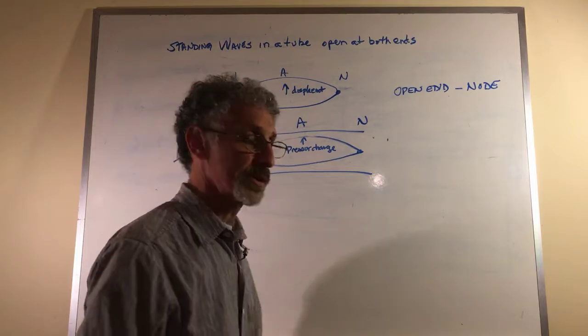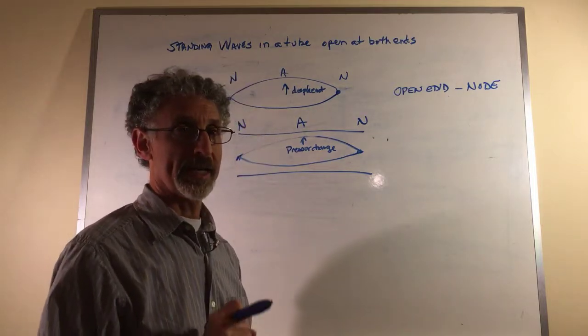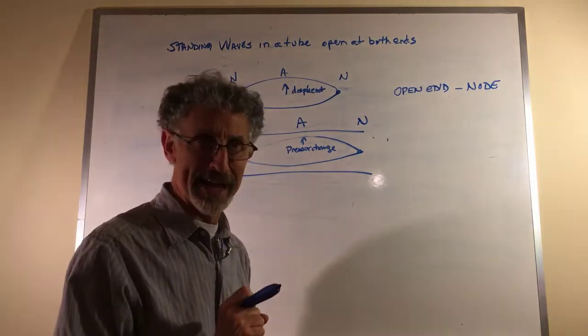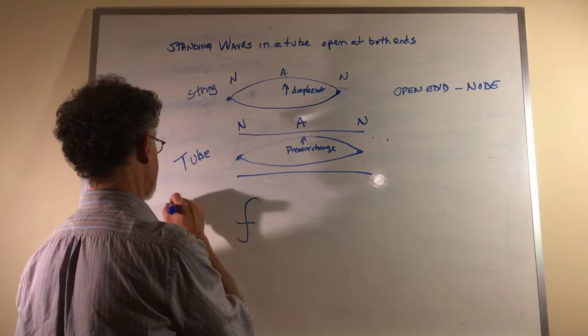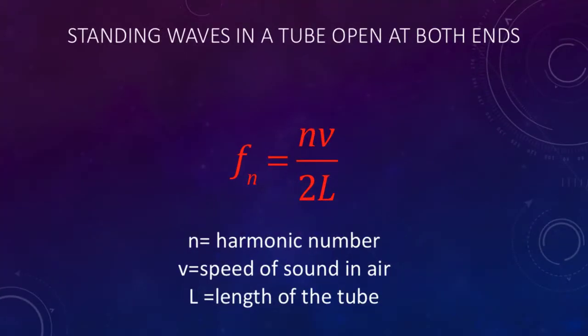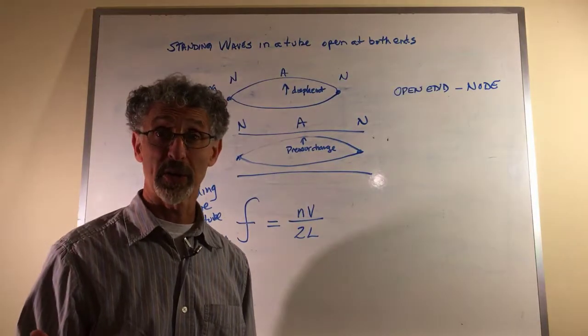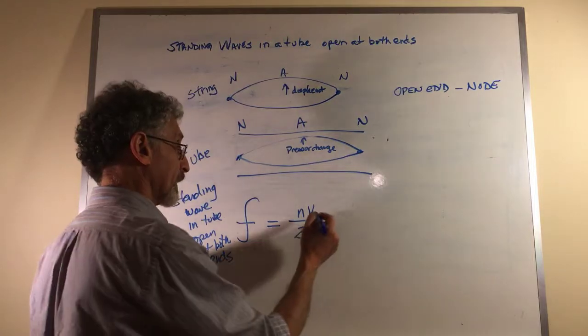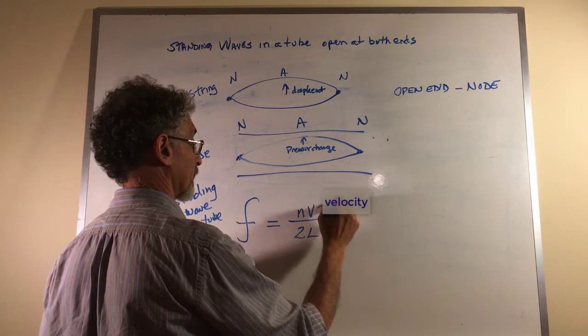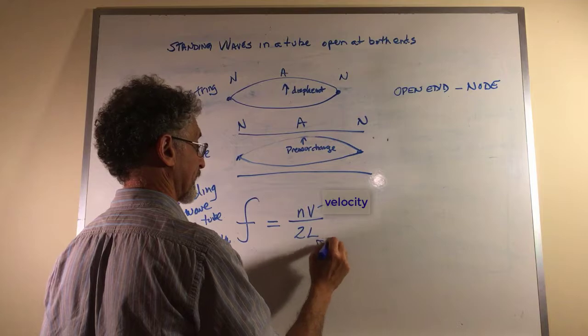The good news about all of this is we have a formula. Yay! The formula for standing waves in a tube open at both ends is f equals nv over 2L. No square root. Yay! All right, so this is velocity, and this is wavelength.